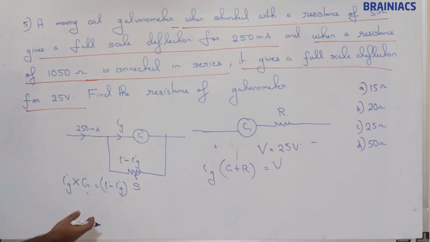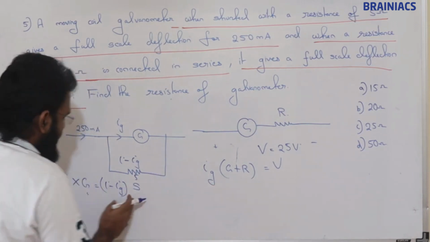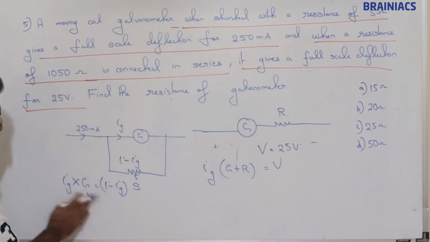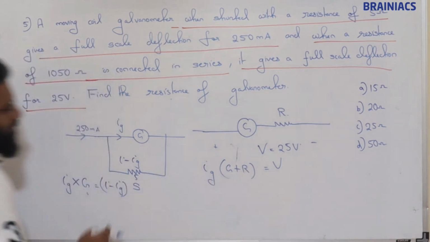So what we can do, we will rearrange the equations. Ig is there in both the equations, so we will make Ig one side and equate the equations.